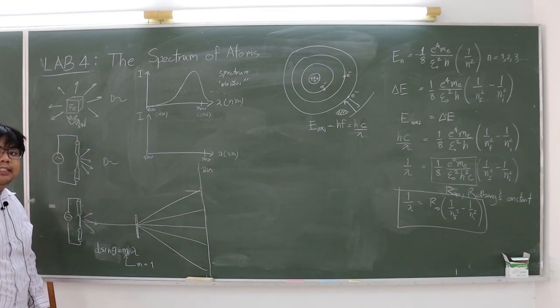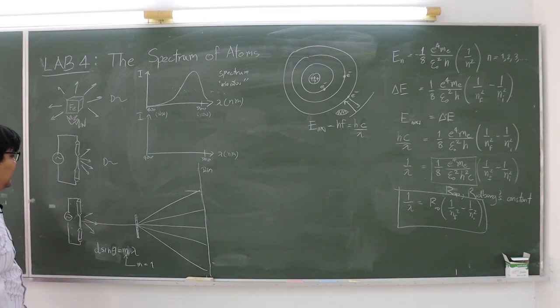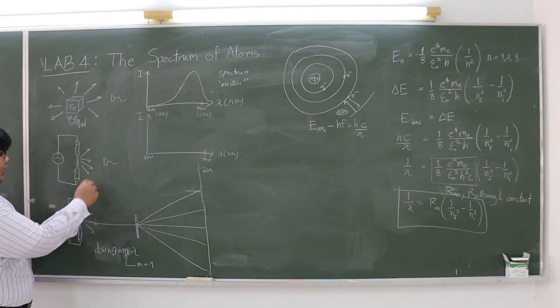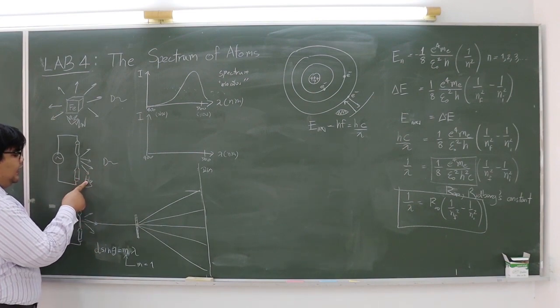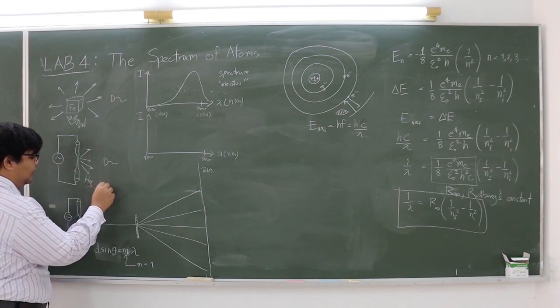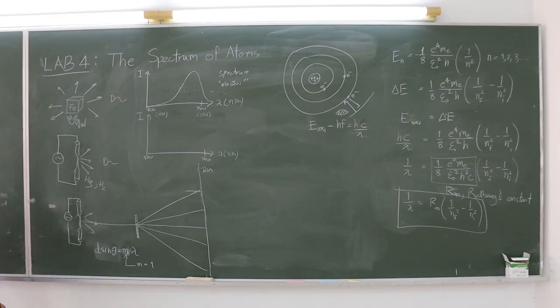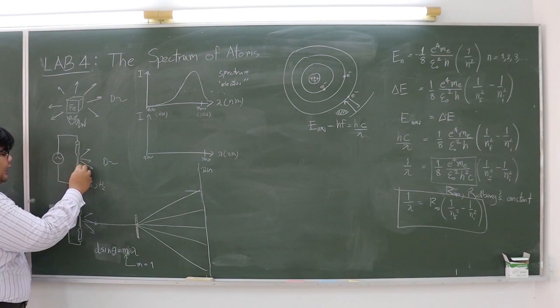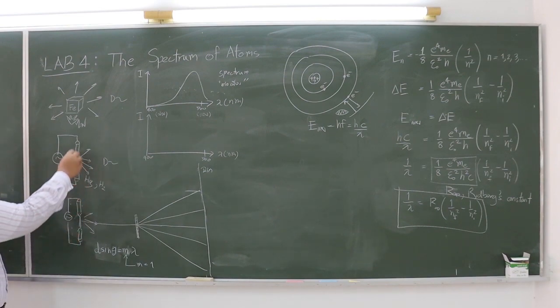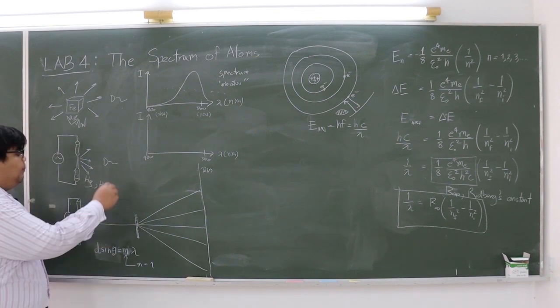However, there is another kind of spectrum that comes from this. If I have a gas of pure elements such as mercury and hydrogen, I put it in a tube and apply a high voltage to it, about 5000 volts. I do the same.